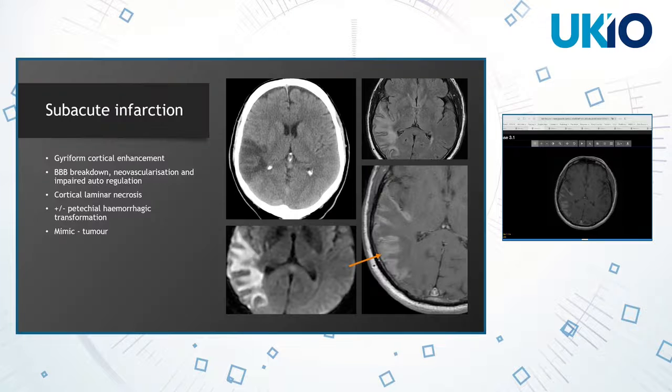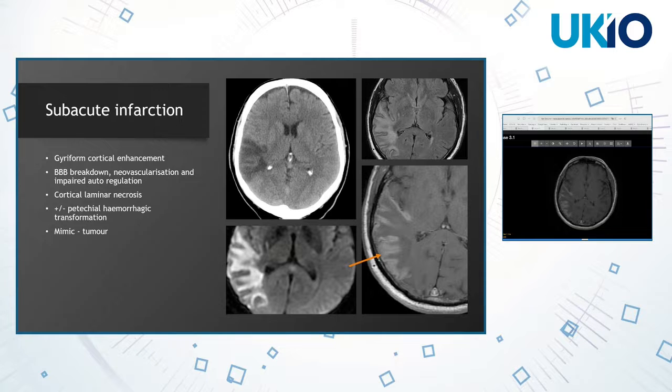Okay. So I just wanted to show you this because we do get it often in tumor MDT, or neuro-oncology MDT, and it's this cortical enhancement that can be a bit confusing. But this is typical enhancement of subacute infarction. So the history should fit with something that's happened actually a few days or maybe a week or two ago, rather than the day before.